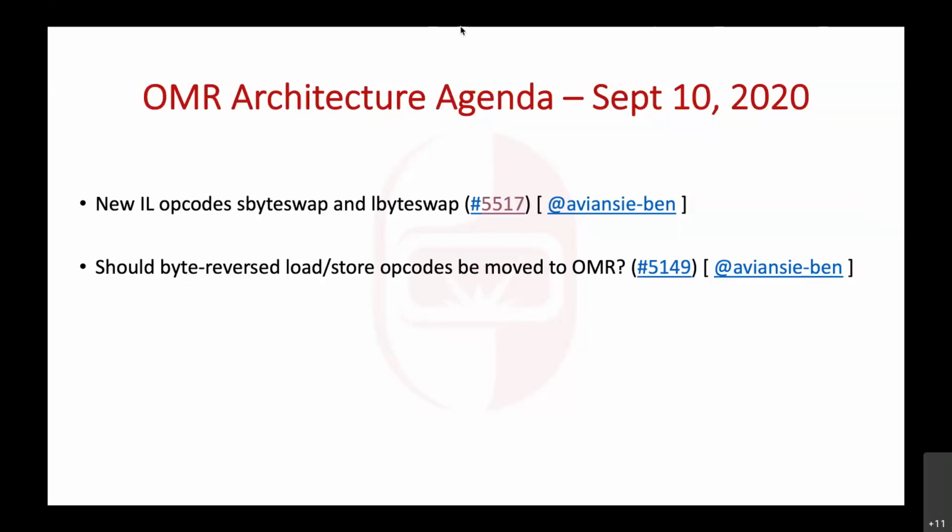So you wouldn't be using an F2I or a D2L or anything. You would be using F bits to I and L and D bits to L. Okay. So we already have those opcodes to specify a bit for bit conversion between them. Okay.